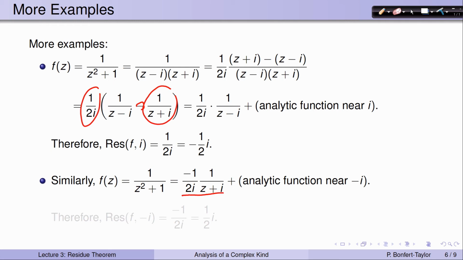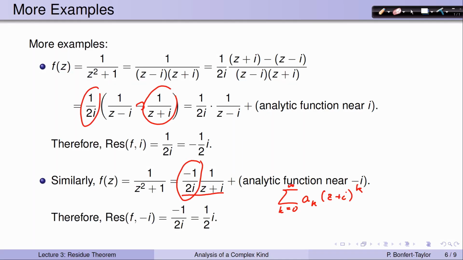And the rest is an analytic function near negative i, which again will have a power series representation, sum of a_k (z plus i)^k, for k from 0 to infinity. Together, the series and the first term form the Laurent series expansion of 1 over z squared plus 1 near negative i, and therefore this must be my a_{-1} term for this particular Laurent series.